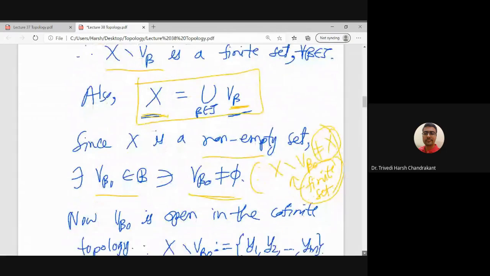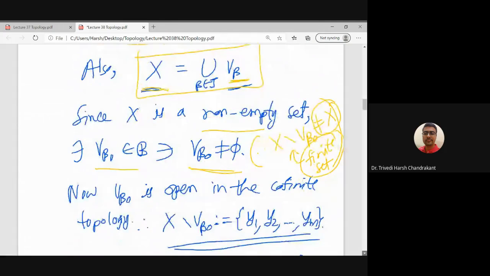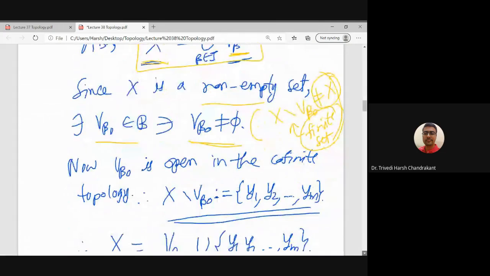So this particular V beta naught does not contain all the points of X, but it contains all but finitely many points. So that means X minus V beta naught is y1, y2, ym. These are the only finitely many points which are not in V beta naught, but they are present in X.